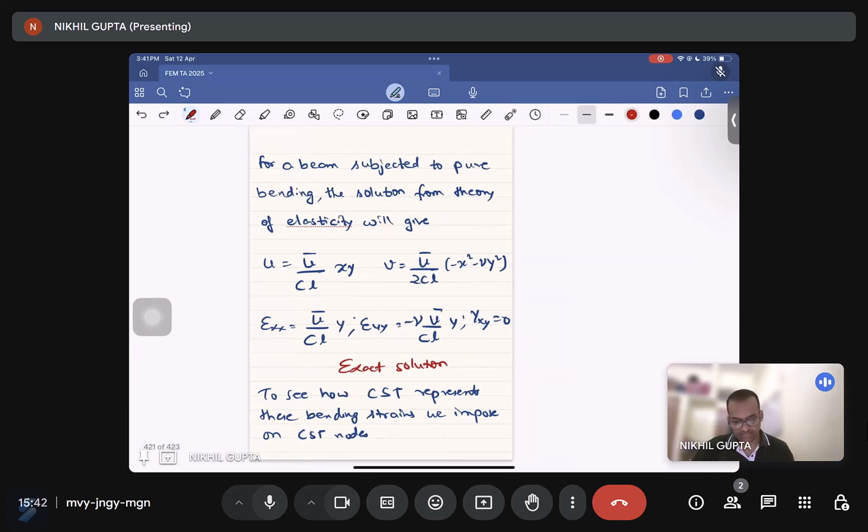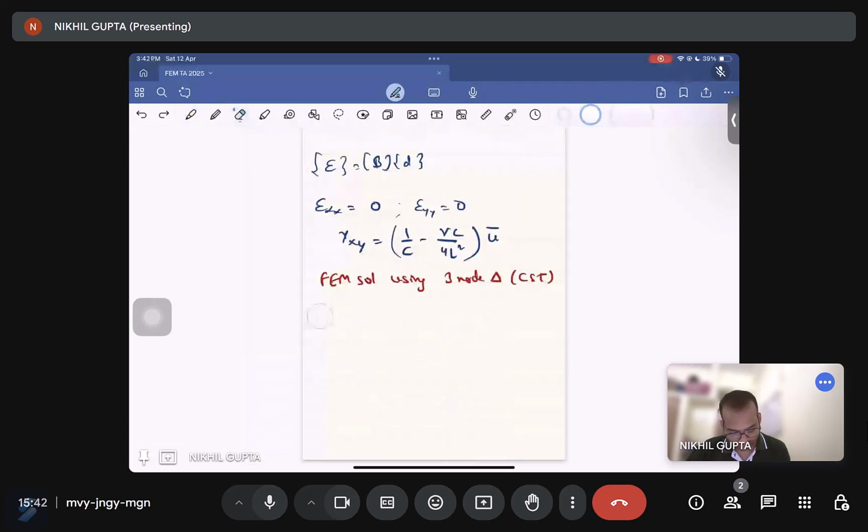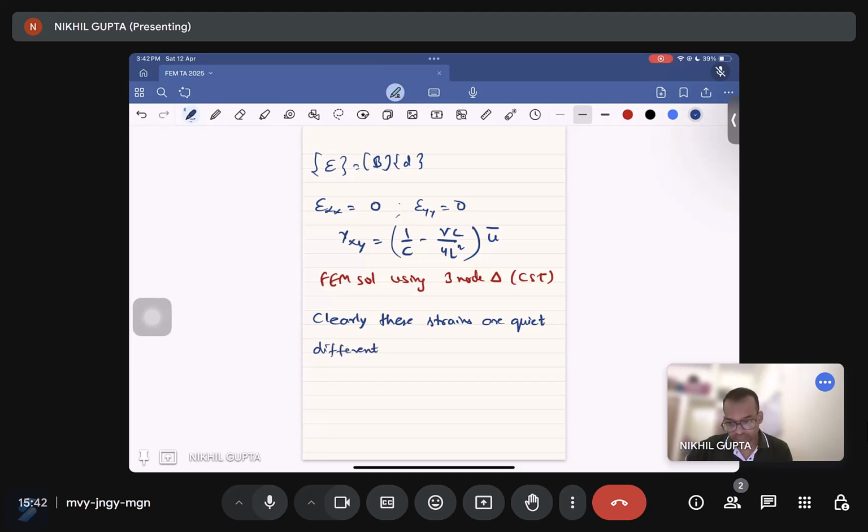So we can conclude from this that clearly these strains are quite different from the exact solution. Thus, the CST element is poor in bending.